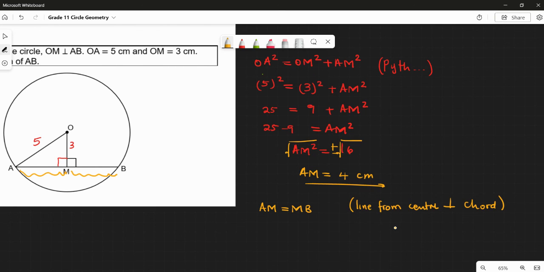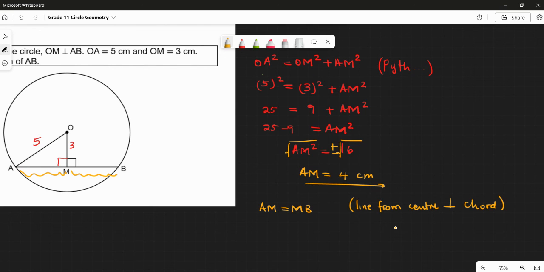And also look into the exam guide, which provides the exam guideline with the required theorems. So AM is equal to MB because of the line from center perpendicular to chord. Remember, the theorem said the line drawn from center perpendicular to chord bisects the chord.